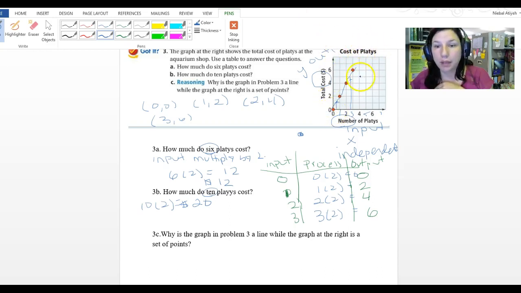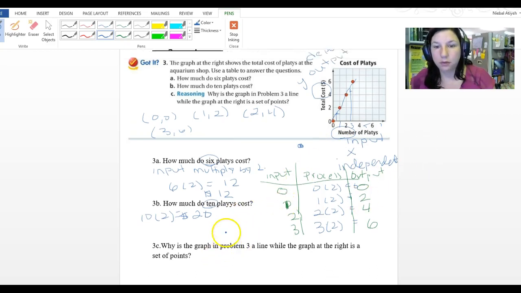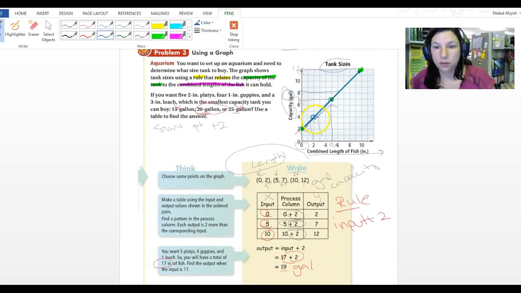Okay, so if you're plotting something on a graph, don't automatically connect them. If it's something like the volume and it's continuous, okay, so this one is continuous. You can take any point here, whether it's a whole number or something in between, put it in the equation, it still makes sense.